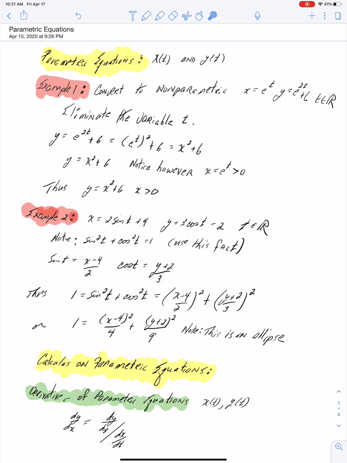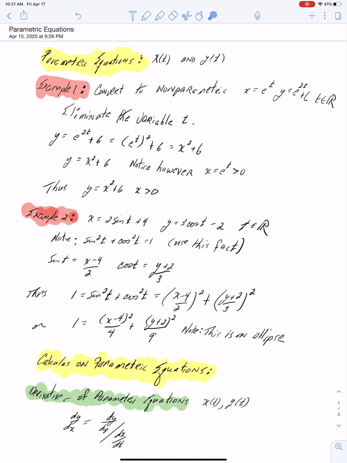Now, I don't want to solve for t in these equations because of what I talked about last time. Trig functions are not naturally injective. I have to limit their domain to make them be injective. So if I were to use inverse trig functions, I might lose some values.